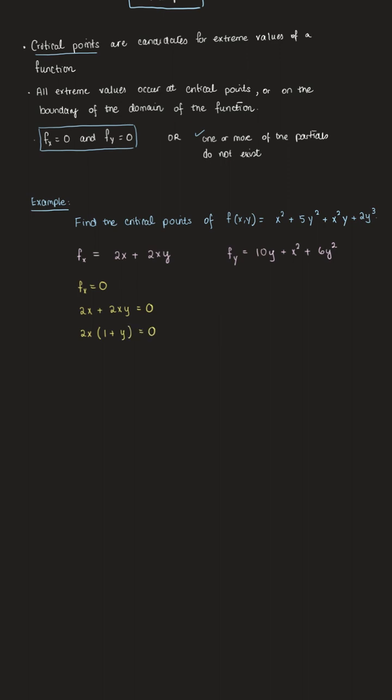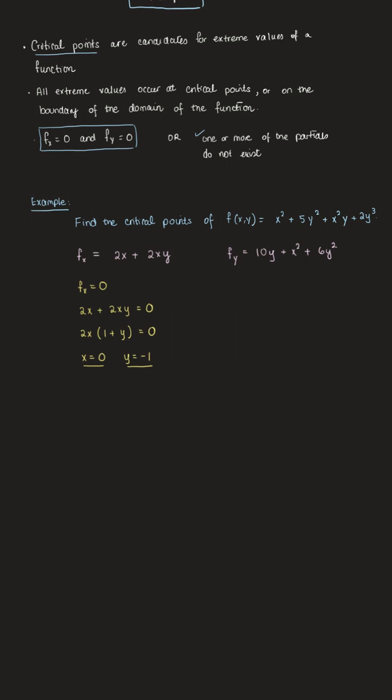So we know that if we have a product of two quantities equal to 0, either one is 0 or the other is 0, which means that either x is 0 or y is -1. So these are the only two values that are going to make my partial derivative with respect to x equal to 0.